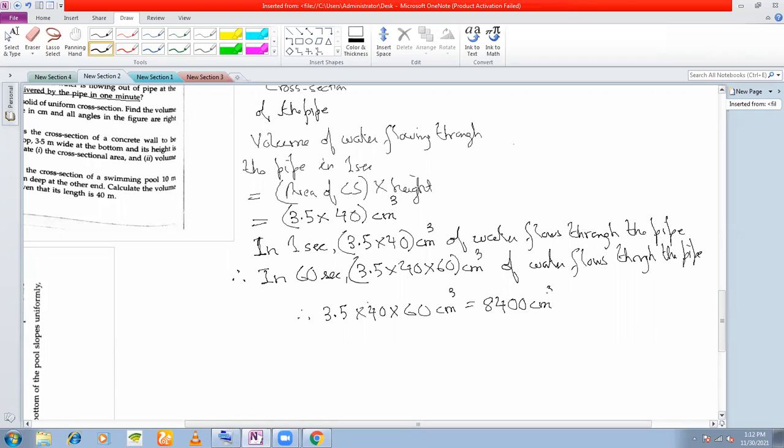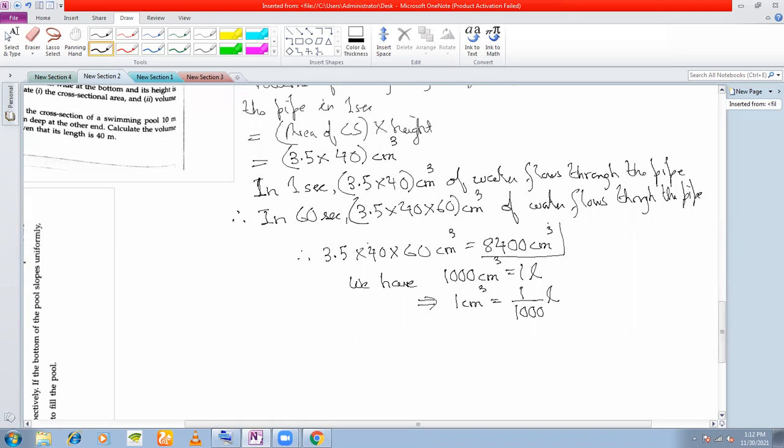of water flows. Now, normally when we talk about flow of water, we talk about liters, right? They have not given it in brackets, but it is quite possible that they will ask you to express your answer in liters. So what is the relation between centimeter cube and liters? We have 1,000 centimeter cube equal to 1 liter, right? That means 1 centimeter cube is equal to 1 by 1,000 liters.